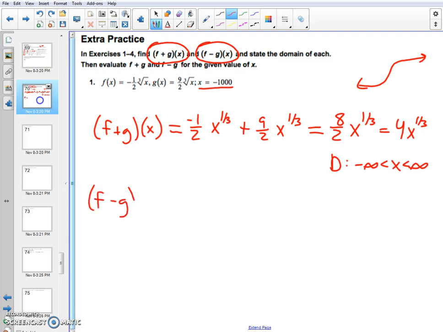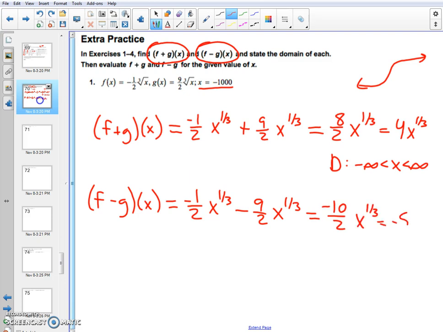So this is f minus g of x, and this is the same idea. I'm going to start with f minus g. This is the same except for one little sign is different. So negative 1/2 and negative 9/2 is just negative 10/2 x to the 1/3. So this is negative 5x to the 1/3.